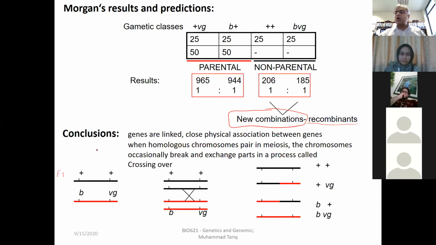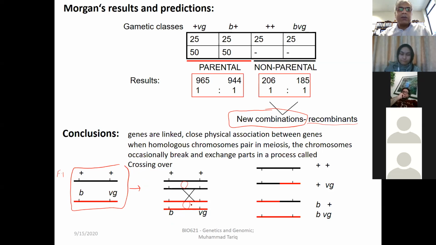In chromosomal form, you can draw them like this. These are heterozygous. When they enter into meiosis, DNA replication will take place. Both the homolog chromosomes will have sister chromatids. So this is one homolog's sister chromatids. This is the other, linked at the centromeres.